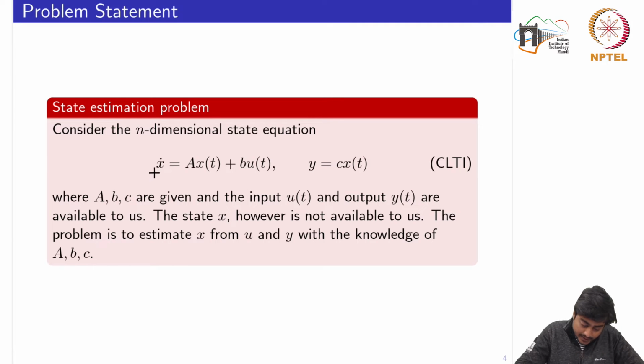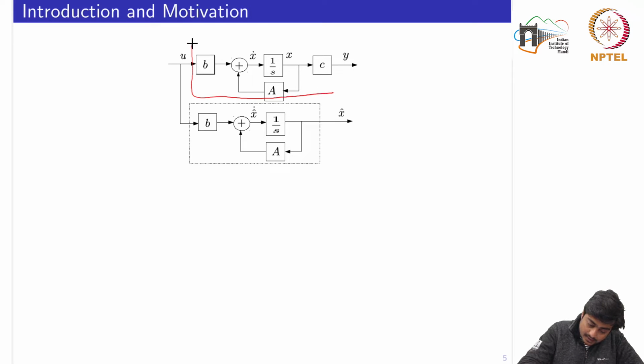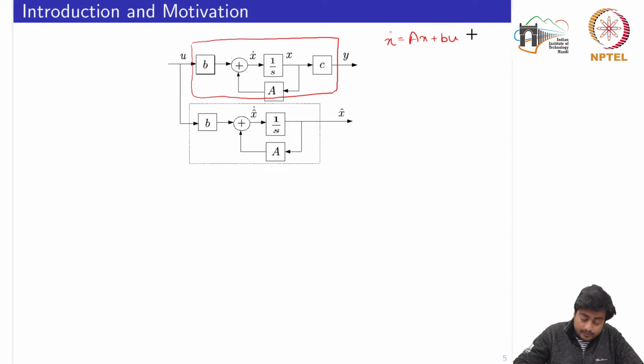First of all, pay attention to this state equation. A is known to us, B is known to us, and U is also known to us. What we do not know is only x. So if I want to compute this x, how can we do this? Let's first write the equation of this plant. This is the internal description of the plant in terms of u and y. So it is x dot is equal to Ax plus Bu.